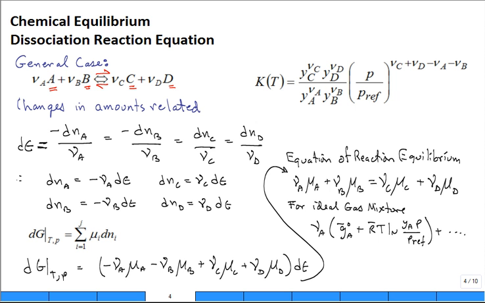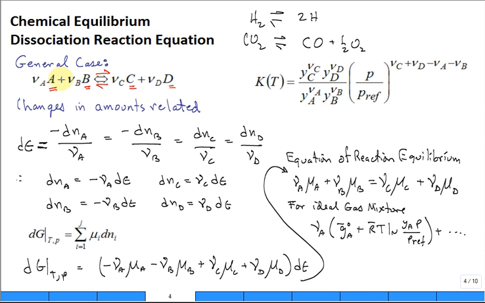Here's a case with 2 of them. H2 dissociates to 2 H's. Dissociation of hydrogen. Let's do one with 3 components. CO2 dissociates to CO plus 1/2 O2. That's a dissociation of carbon dioxide. And then there's other examples where you have 4 components.